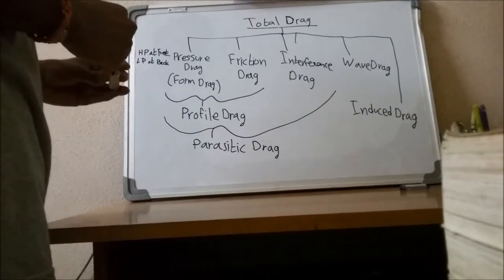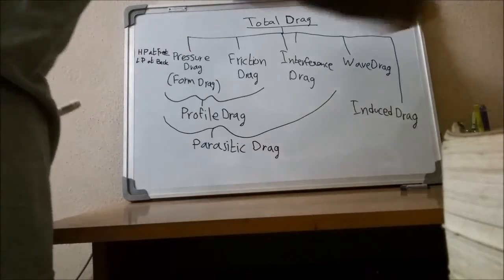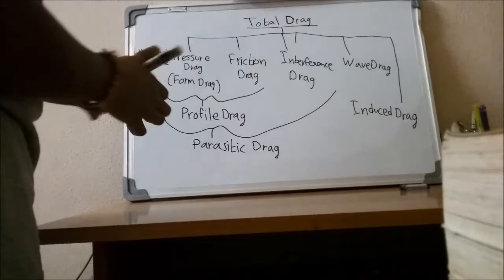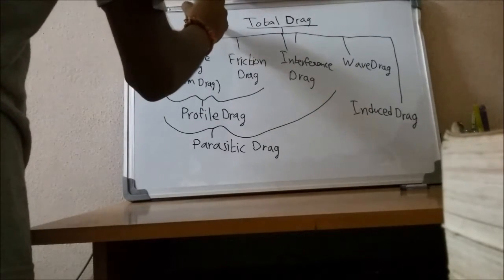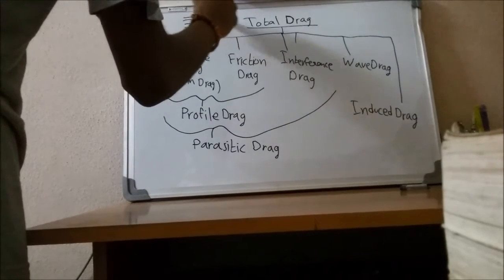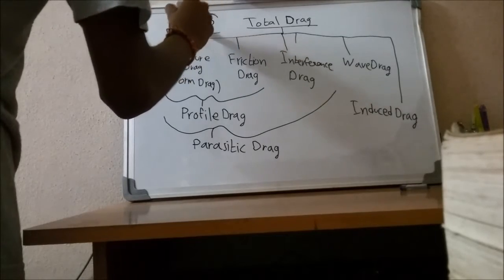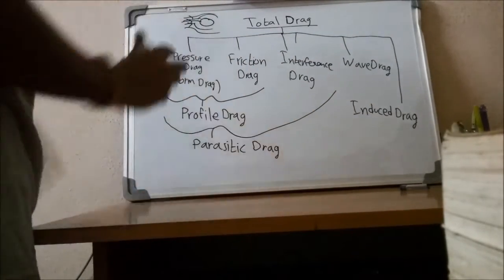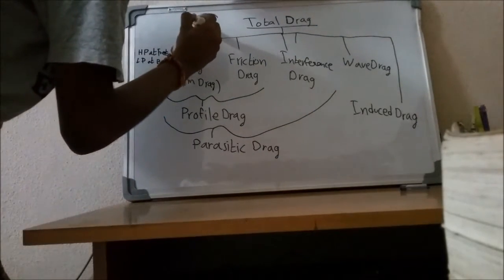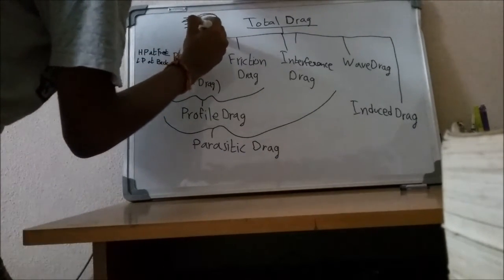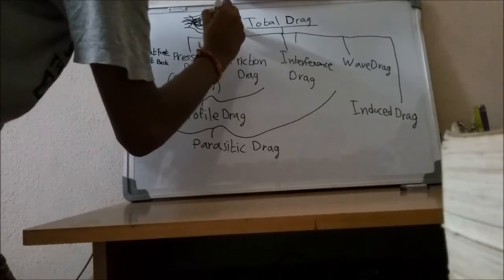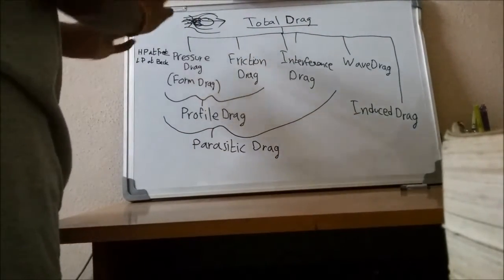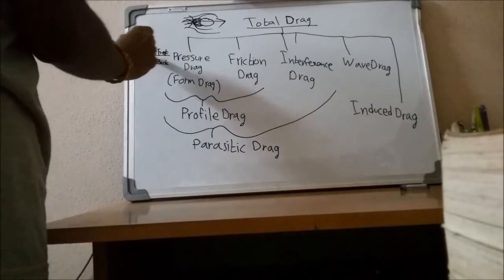Whenever the object is moving in this direction, say the air is flowing around it, it will exert some pressure on this object and develop a high pressure area. This will try to push the object backwards. That is known as high pressure.